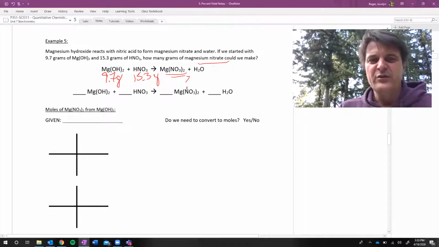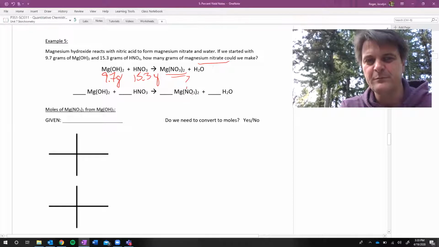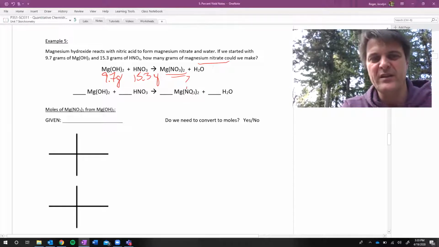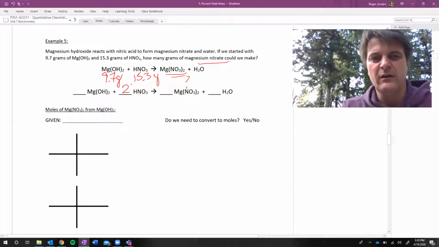So the first thing we're going to do is we're going to balance this equation. We have 2 nitrates in the product. So that means that we're going to need 2 of the nitric acid so that we get 2 nitrates.